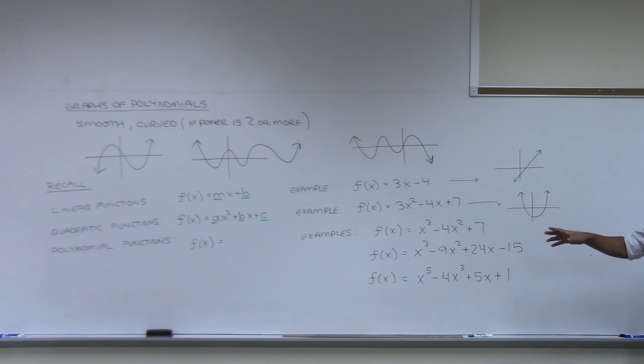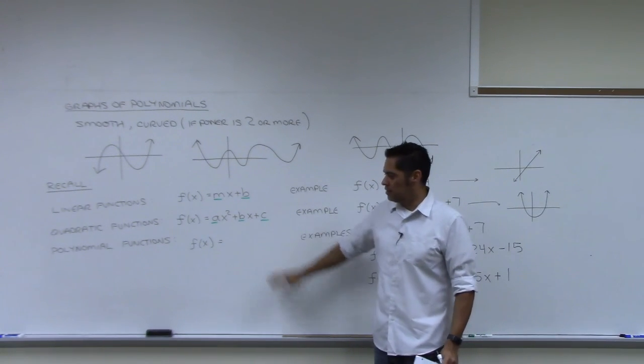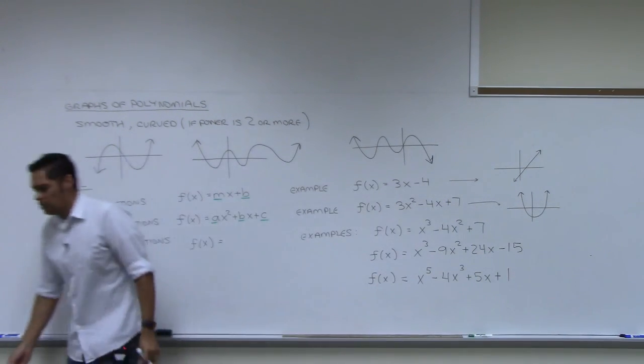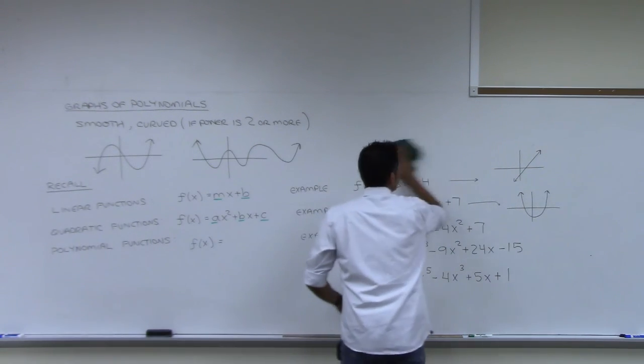Now, you ready for this general thing? This is the thing that most people start to kind of get nauseous when I put this on the board. So here we go. I'm going to put it right here. I need a little bit of room.